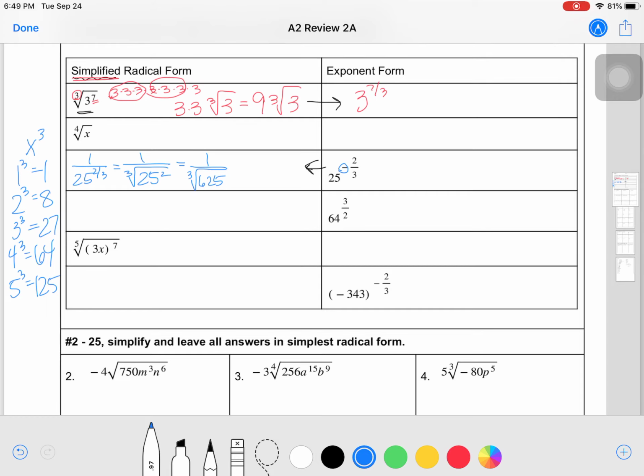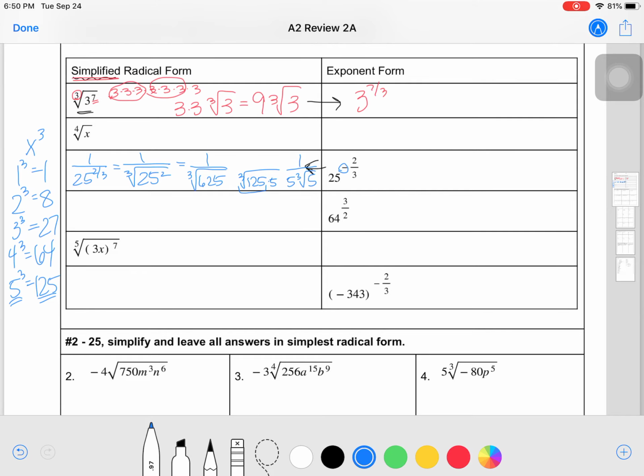You need to keep going until you find a perfect cube that divides into the number under your radical. 125 does just that, so I can rewrite this as 125 times 5. And the cube root of 125, if you use your list over here, is 5. So what I have is 5 times the cube root of 5 in the denominator of my fraction.